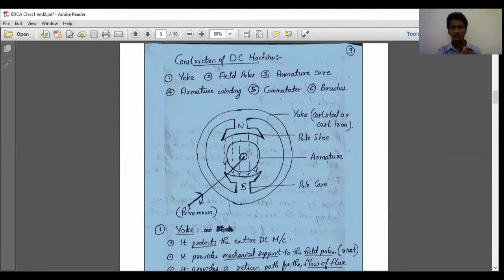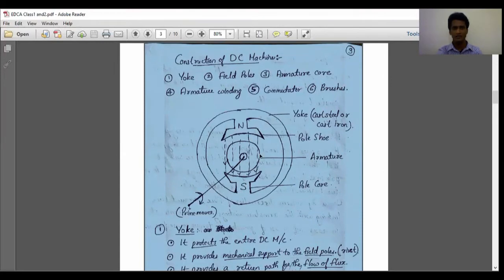What is the use of field winding? When we apply DC supply to the field winding, it will produce magnetic field, that is the main magnetic field in which our conductors or armature windings or armature have to rotate. Clear?